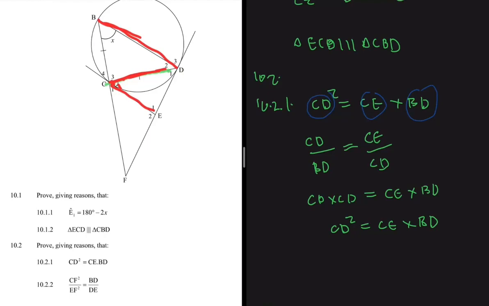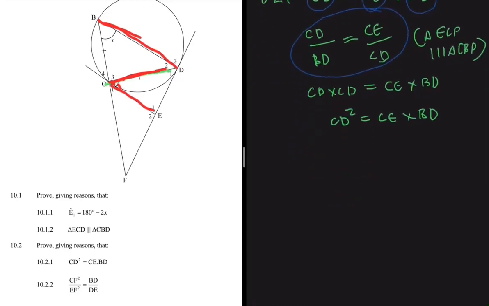So the way you justify what I just wrote here is by stating that triangle ECD is similar to triangle CBD, right? And then let's move to 10.2.2.